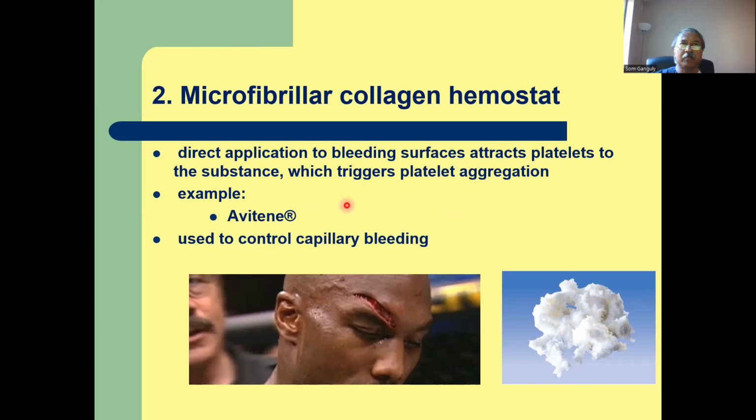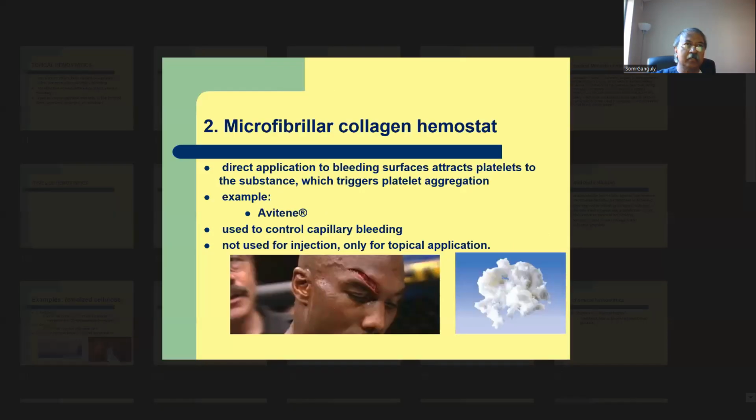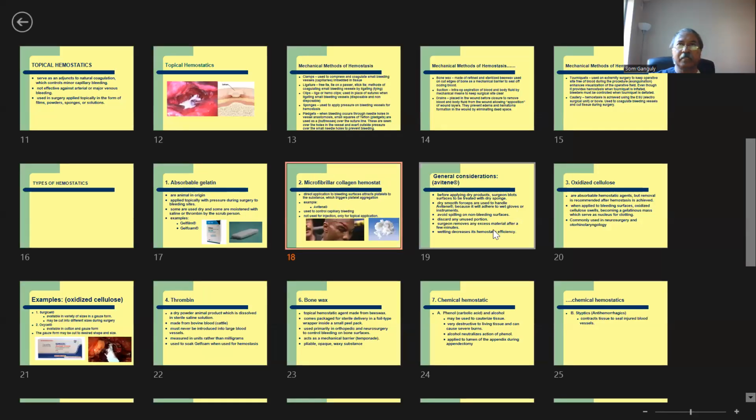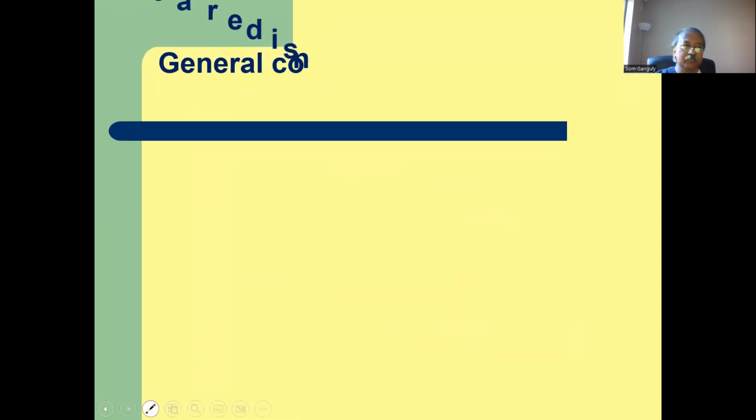Avitene powder or strip. Now, we don't use Avitene for injection. It is used on the surface. We have other substances that we can use for injection. We'll go over it.